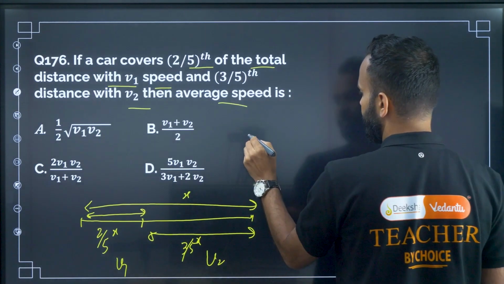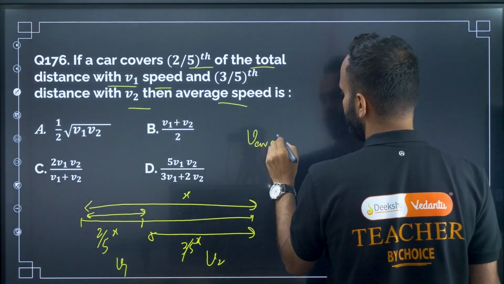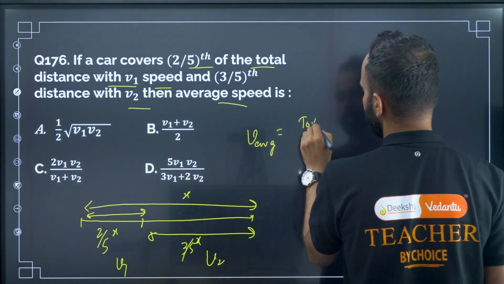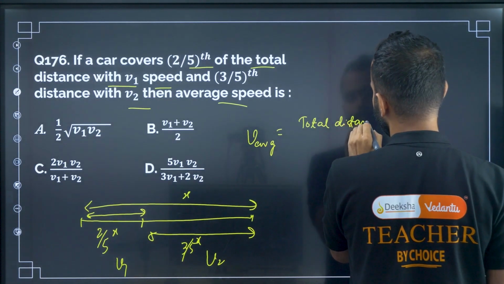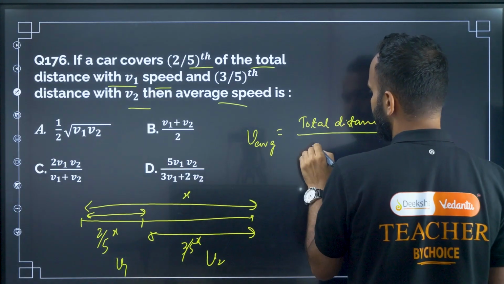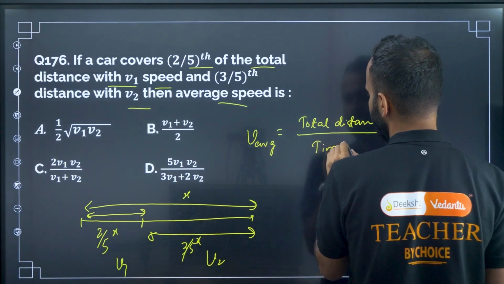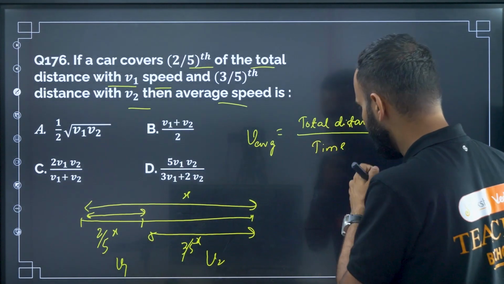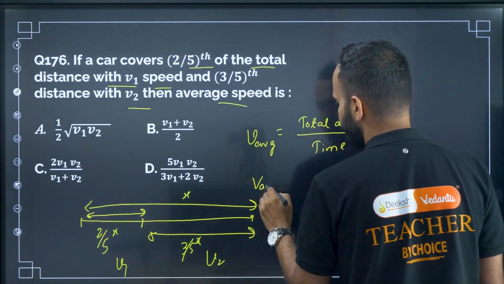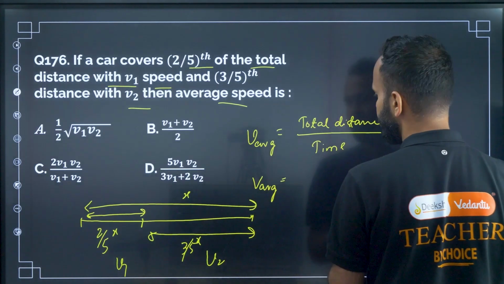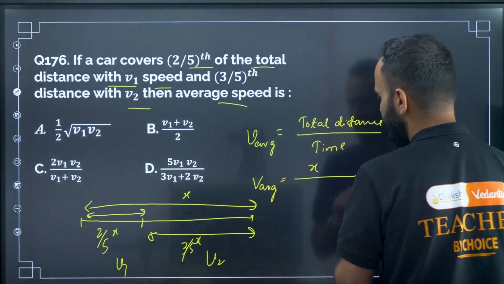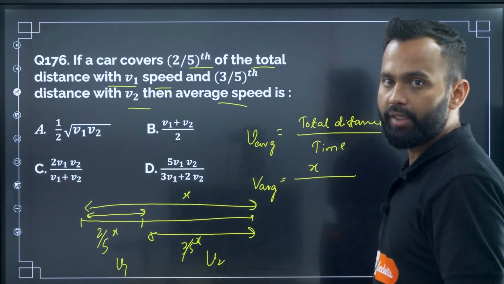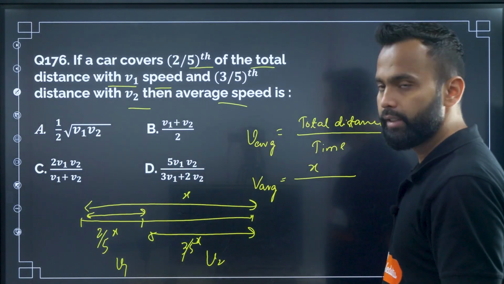We know that average speed is equal to total distance divided by total time taken, right? Now V average is equal to total distance. Total distance is here x divided by time. Time is distance divided by velocity, right?